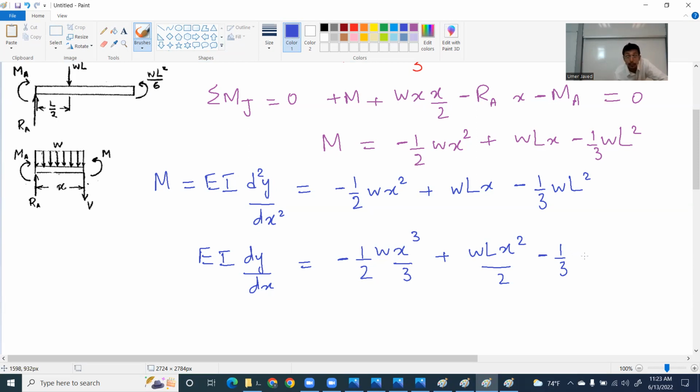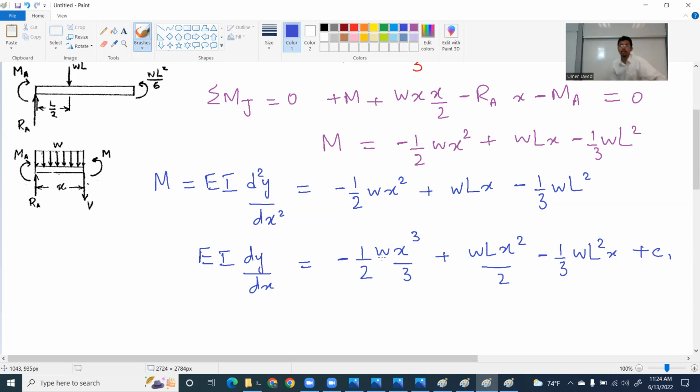So minus 1/3 WL square x, plus C1. For some reason our 1/2 WLx square is correct, minus 1/3 WL.